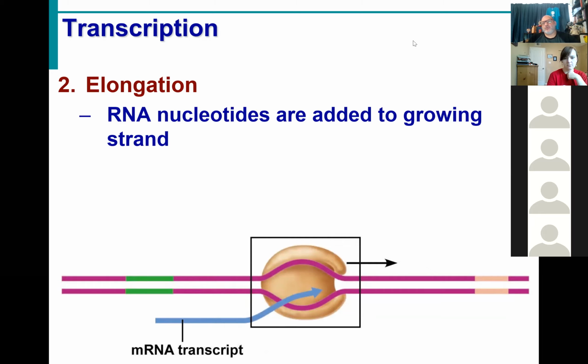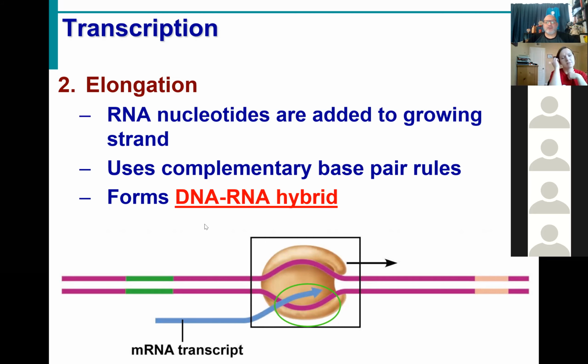And notice also right here, I'll go ahead and draw a circle around it. In this region is where we're doing all of the work. We're using the complementary base pair rules to add C's to G's and A's to T's and U's to A's and so on and so forth. This region where the work is being done is what we call the RNA-DNA hybrid.